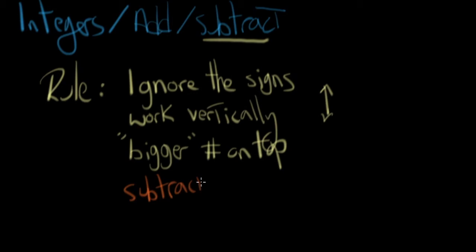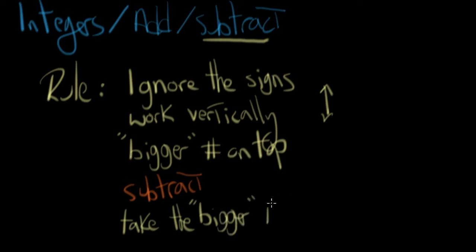That's kind of the key here. We're going to subtract, and then at the very end you're going to take the bigger number's sign. Okay, so this gives us some rules, guidelines, and structure on adding and subtracting. Specifically just subtracting, really.